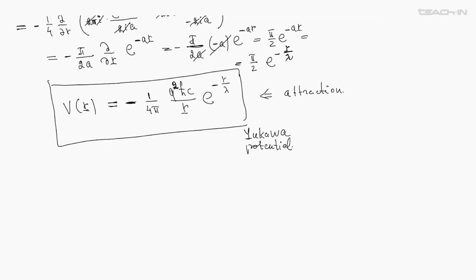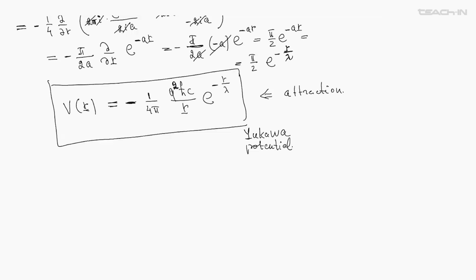This is because of this term. And on top of that, you also see that the interaction range set up by this exponential does depend on the Compton wavelength. It's governed by this effective length, which in our case turns out to be the Compton wavelength.